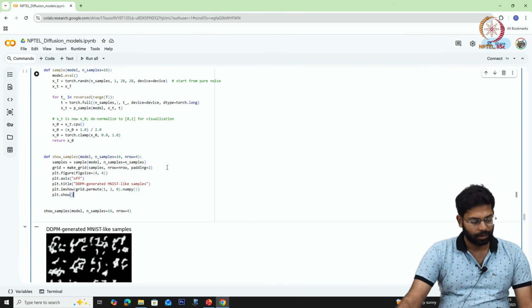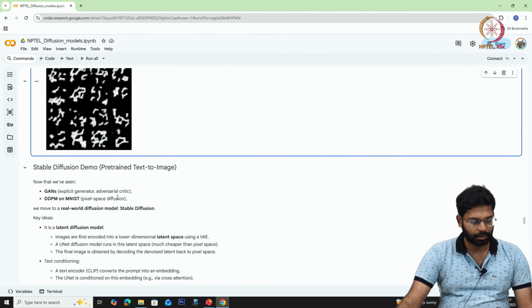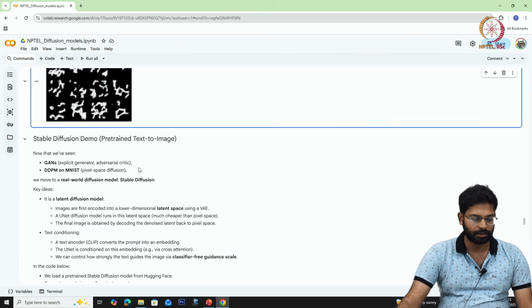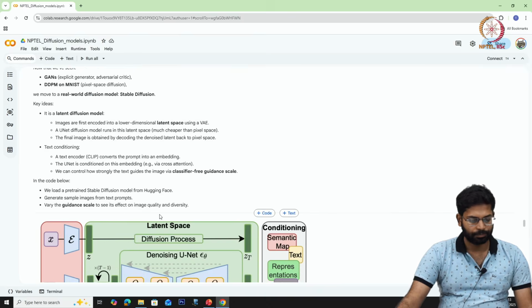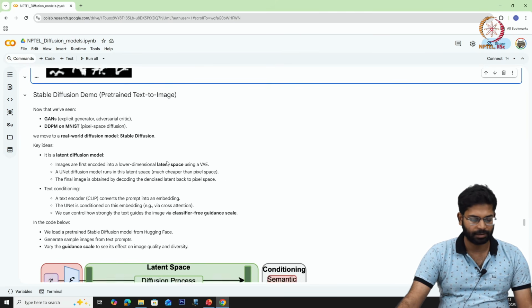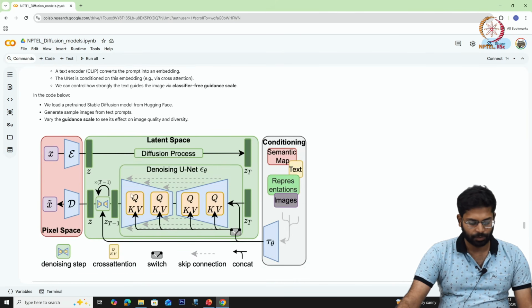So one of the cutting edge models using the diffusion paradigm is called Stable Diffusion, which given a text can generate images. Its working looks like this.